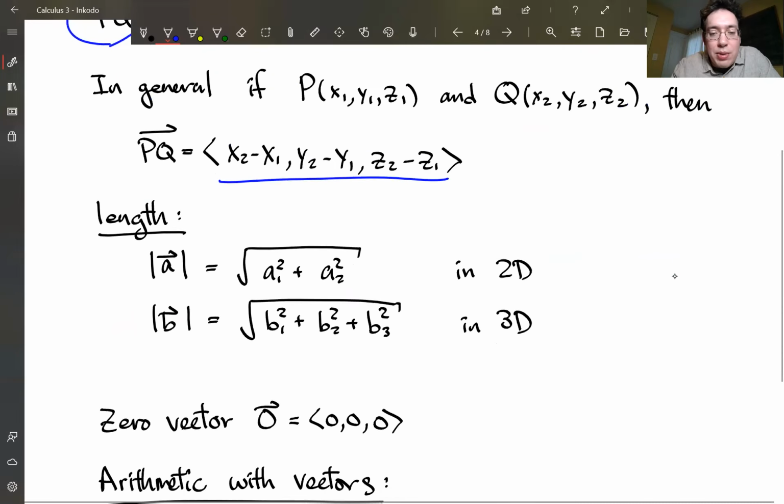Okay. When you have a vector, it's convenient to be able to compute the length or the magnitude of the vector. So you could use the distance formula, basically, to compute the length. We usually write it with the absolute value notation around a vector.